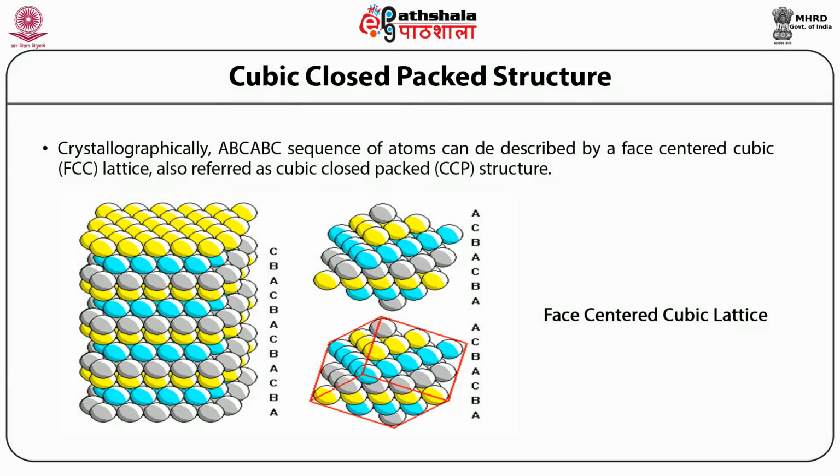Cubic close packed structure. As evident from the figure, this ABC packing corresponds to the cubic close packed structure, or it is also referred to as the face-centered cubic lattice.